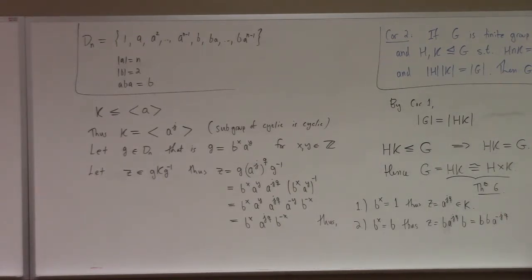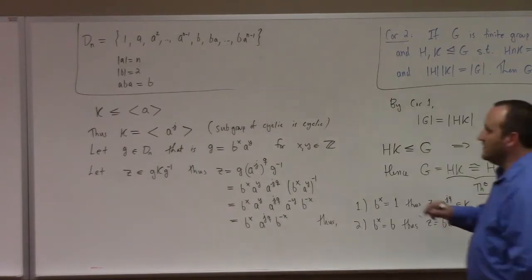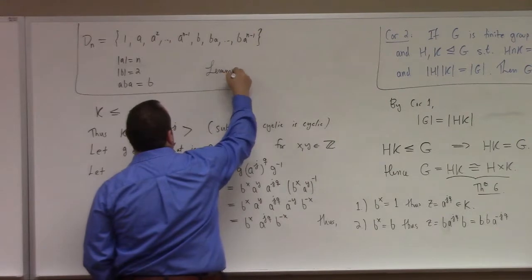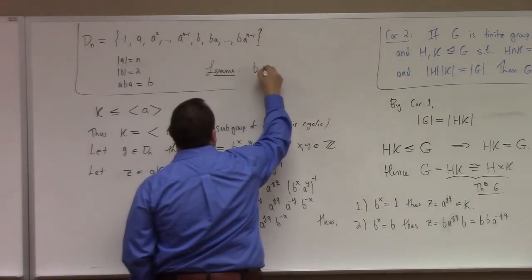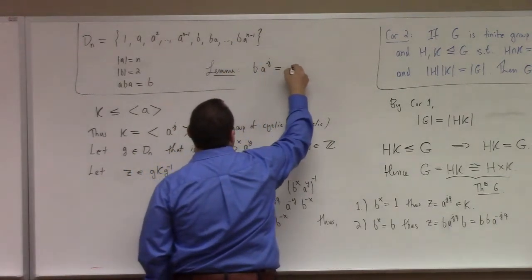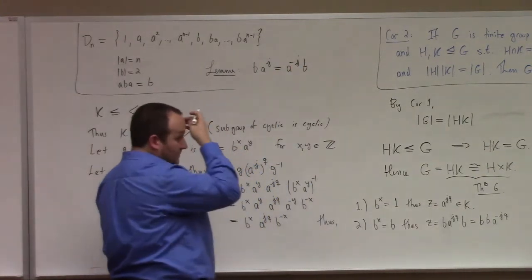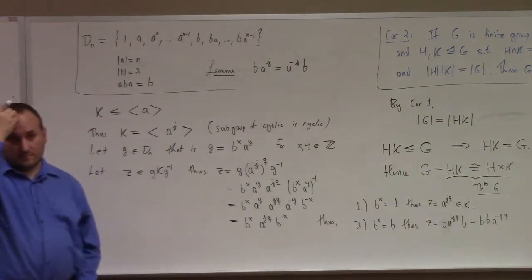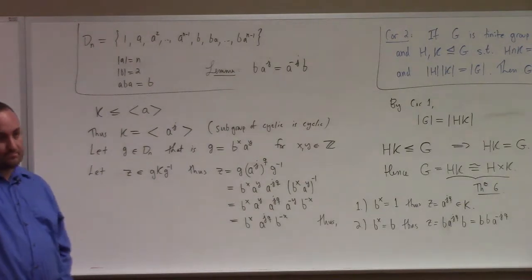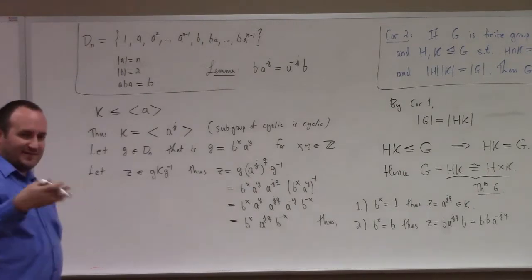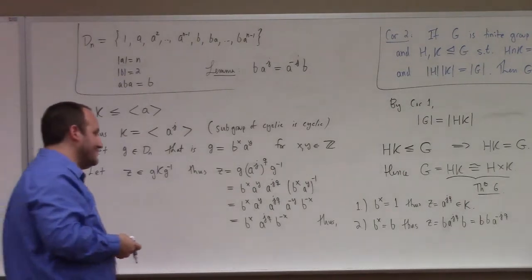This is how the dihedral group works. There's a lemma that I proved, or we should prove at some point, which says that b, a to the j is equal to a to the minus jb. You can prove that. Doesn't it just follow from ABA? Indeed it does, yeah. And induction, yeah.